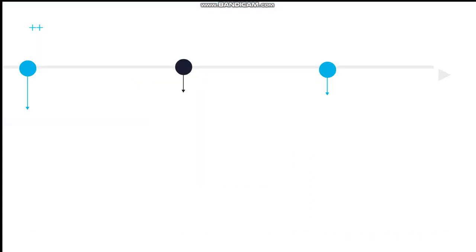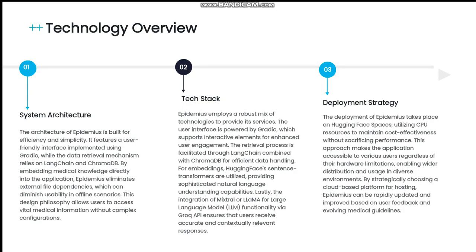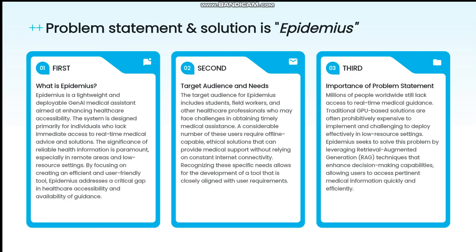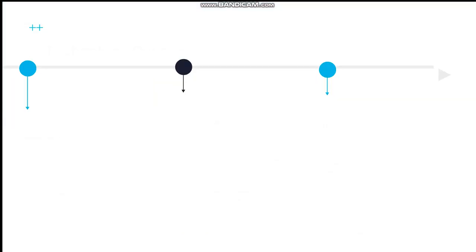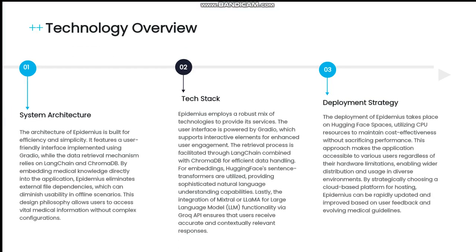So, our solution is very simple. Before going to the technology overview, we have to build a retrieval augmented generation (RAG) assistant rather than relying on massive cloud models. It leverages a symptom-based diagnosis flow. It embeds a medical knowledge base directly within the application using a vector database, eliminating any need for external files or API calls during runtime.